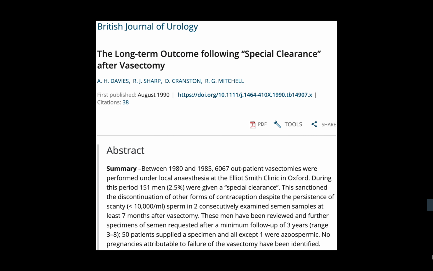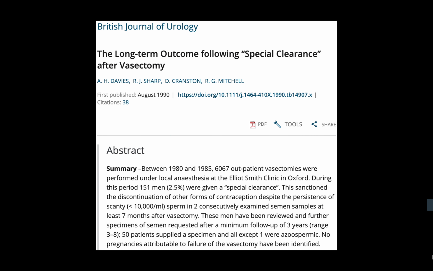At what point will you decide that the procedure has failed and he's got persistent live sperms? After 7 months, if there are still persisting live sperms, then I will tell him that unfortunately there may be a risk of recanalization. Okay, you said that you will give him special clearance if there are only non-motile sperms.